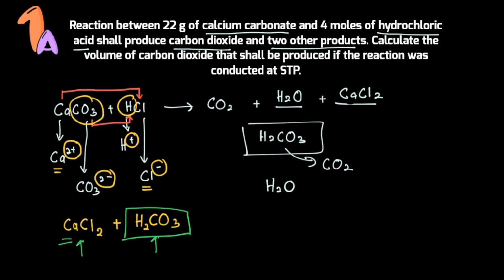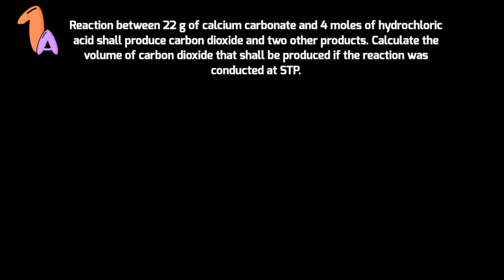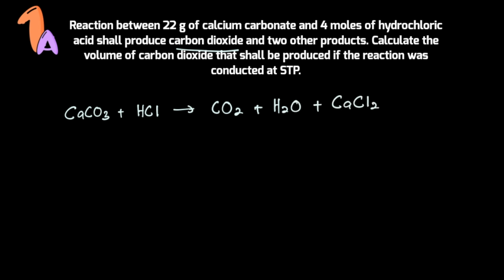Okay, but this is not a balanced equation just yet, so we need to balance it. As we have discussed just now, calcium carbonate shall react with hydrochloric acid to produce carbon dioxide as stated in the question, plus water and also calcium chloride.